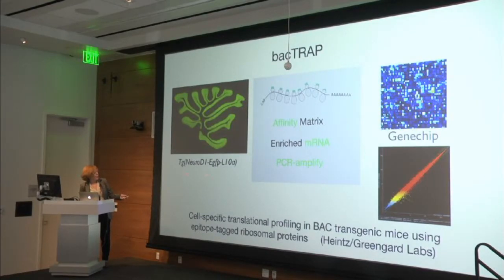Here's the granule cell marker. It's the NeuroD1 gene. So now in this mouse, what you've got is the EGFP fused to a ribosomal protein. So you've got green ribosomes. You can use an affinity matrix. You can just use antibodies to pull down the ribosomes, pop off the RNAs, then you can do RNA-seq or an array or whatever you'd like to look at this.